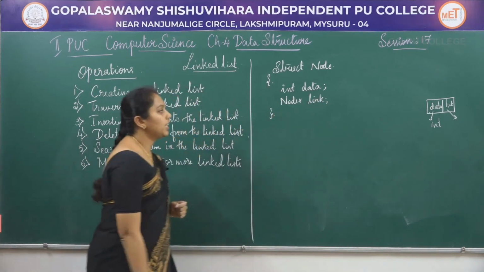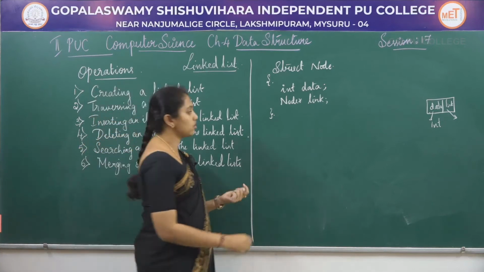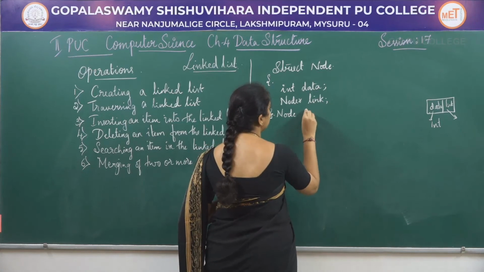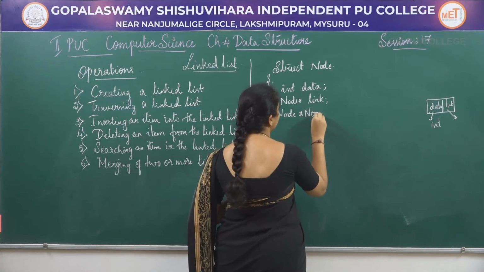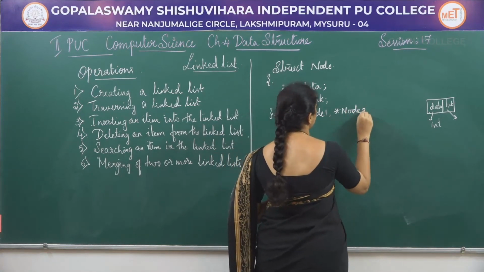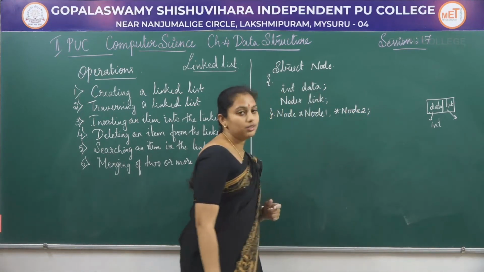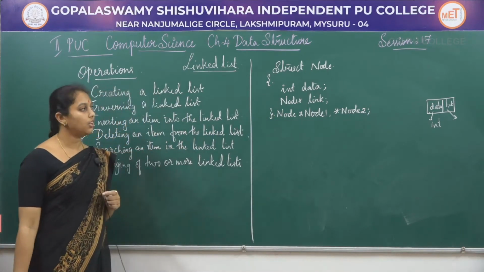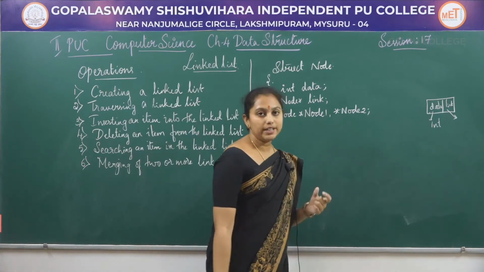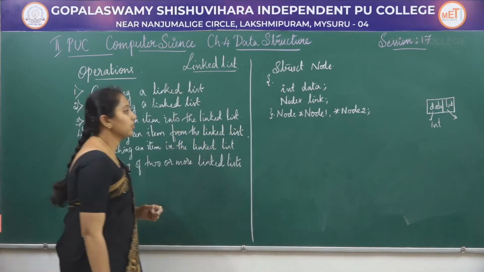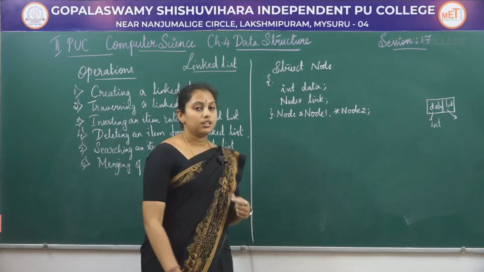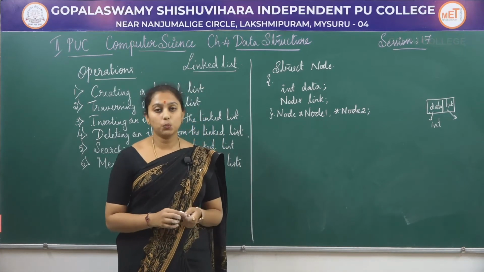Here we are creating another two nodes of type structure, that is node star node1, comma, star node2. These are all pointers to the structure. In this declaration we have declared two structure variables. Each structure will be taken as a node. Thus, it is a linked list with two nodes.